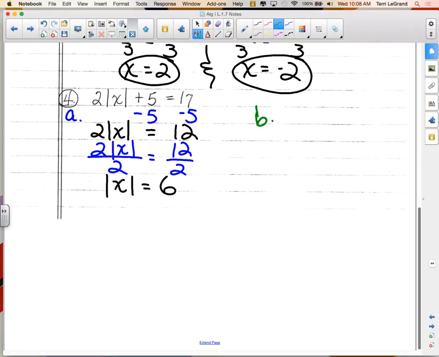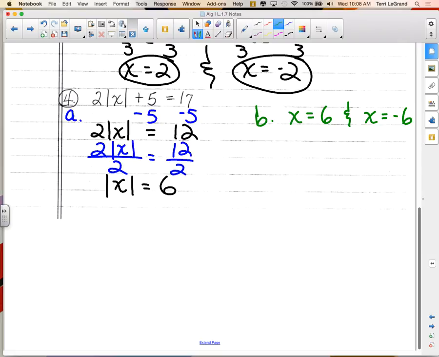What are our 2 cases? Pardon? Subtract. Oh, are you back here in step A? I'm ready to move on from right here over to here to step B, where I set up my 2 cases. What are they? X equals 6 and X equals negative 6.